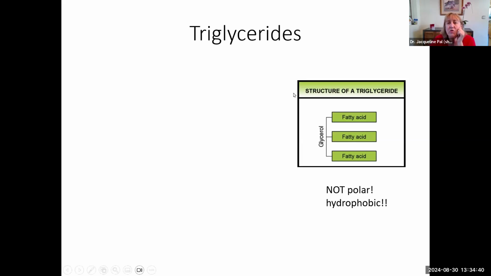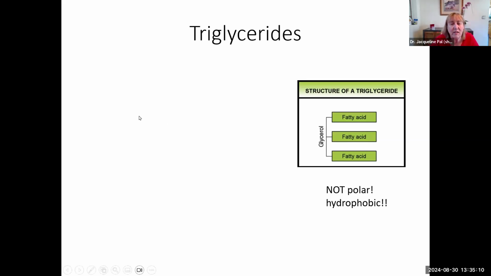Triglycerides are not polar, meaning there's no part of it that's positively charged and no part of it that's negatively charged. They don't want to form bonds with other molecules. Because of that, they're not going to be attracted to water, meaning they are hydrophobic, because remember, water's got a side that is positive and a side that is negative.